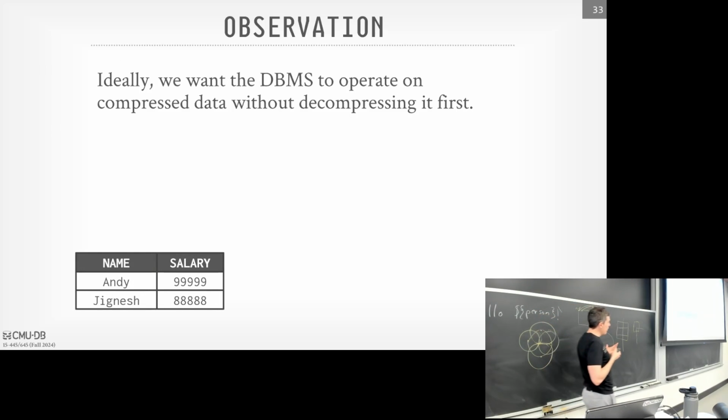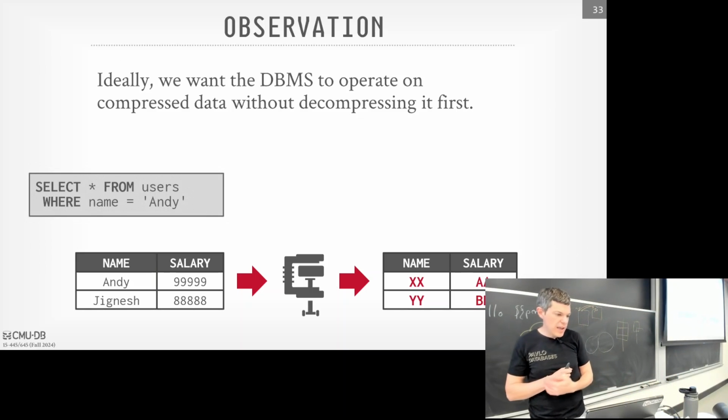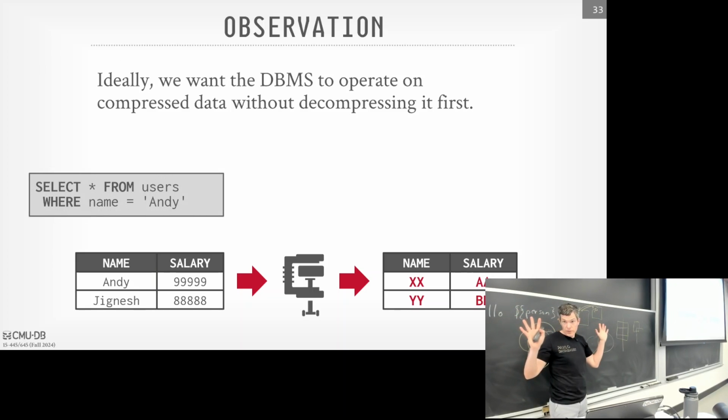All right, so say it's a real simple table. It has a name and a salary. I run it through some compression algorithm, not saying what it is, right? But say it's some variant of dictionary compression, and I've converted all the names and the salaries into simple 2-character strings. So if my query shows up, select star from users where name equals Andy, ignoring indexes, right? Just assume I have to do a sequential scan.